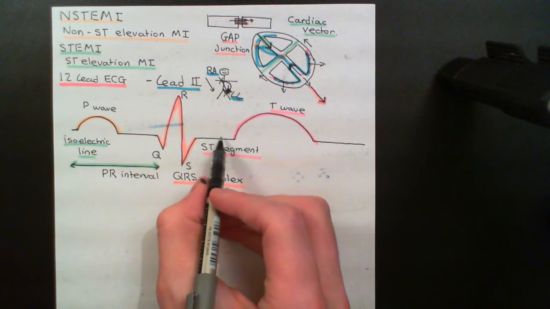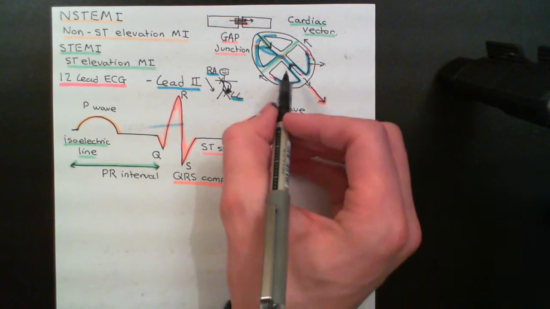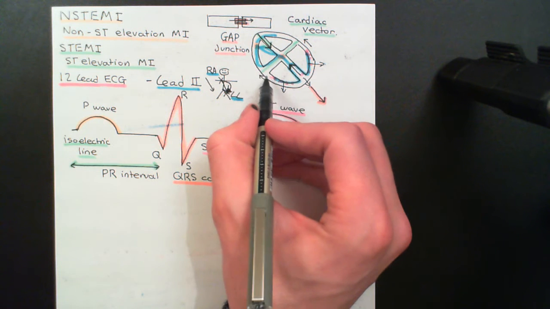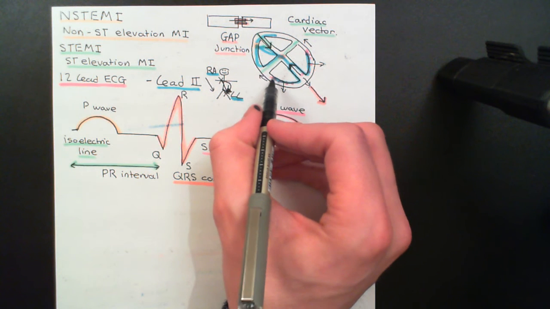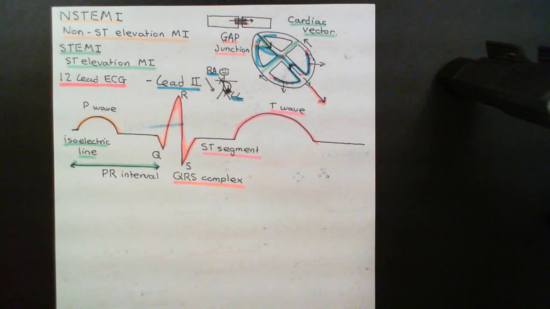Then in the ST segment, all of the cardiomyocytes at this point will be in the plateau phase of their action potential. So there won't be any current moving between cardiomyocytes, and that's a really important point to note actually, that the ECG really shows currents between cardiomyocytes, and it's showing you the direction in which current is moving between cardiomyocytes, and you need to have a vast number of cardiomyocytes that are all conducting current in the same direction.